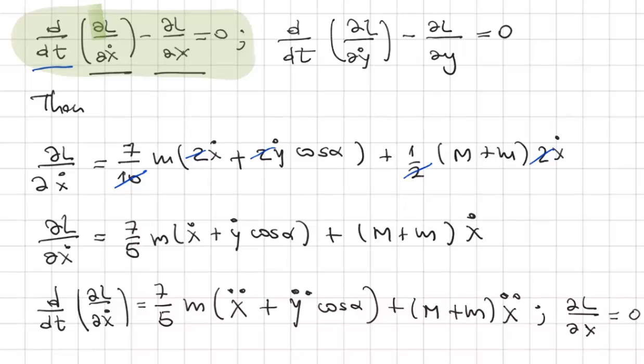Because dL/dx is 0, we only have this part for the Lagrange equation, the highlighted part. So basically that's the Lagrange equation for the x coordinate. Let's rewrite it on the next page, and we will get the following.